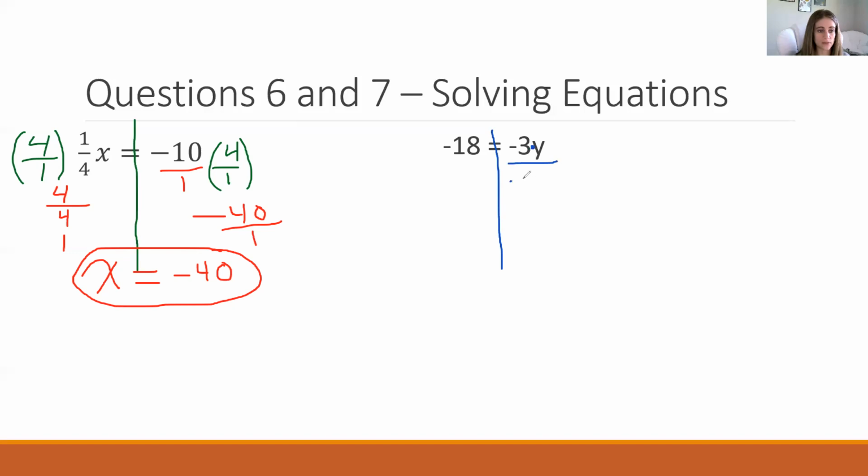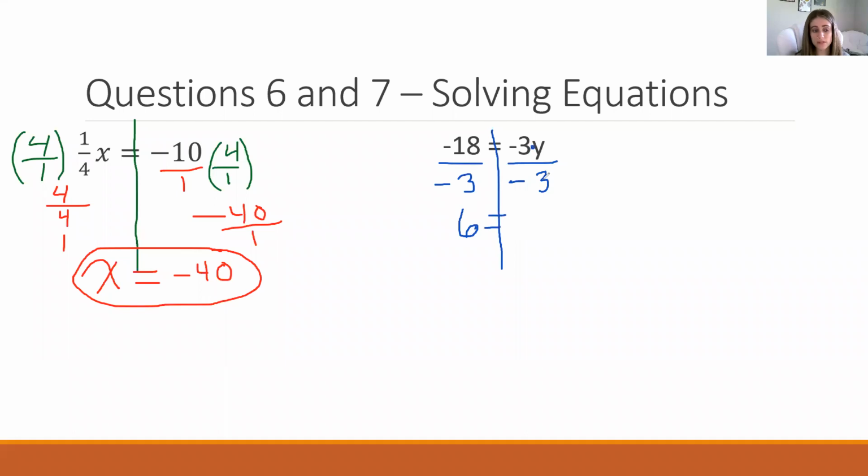When I do my division here, I use that fraction bar to show division, just because I think that's easiest. We'll divide both sides by -3. When we're multiplying and dividing, remember, if the signs are the same, your answer will be positive. If your signs are different, your answer will be negative. -18 divided by -3, negative divided by a negative would make it a positive 6.